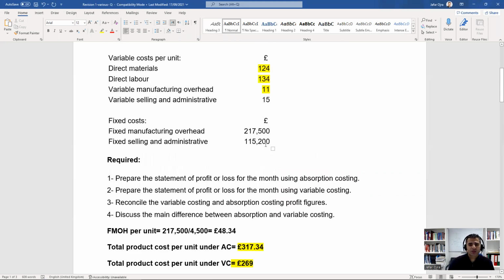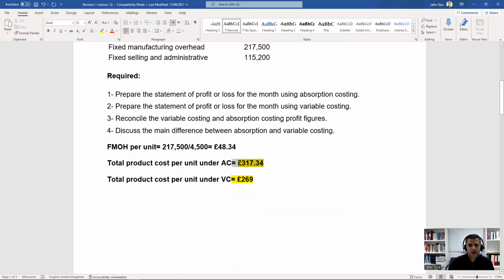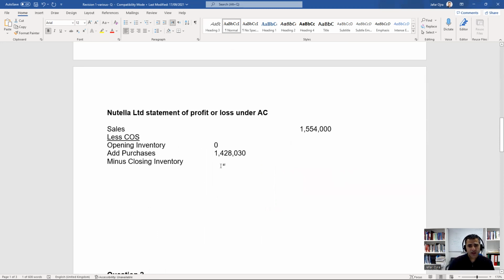You need to multiply it by the product cost per unit, which is 317.34. And in this case, you will be able to find the closing inventory, but you need to bracket because this is minus, must be in bracket. And the answer is how much? 95,202.